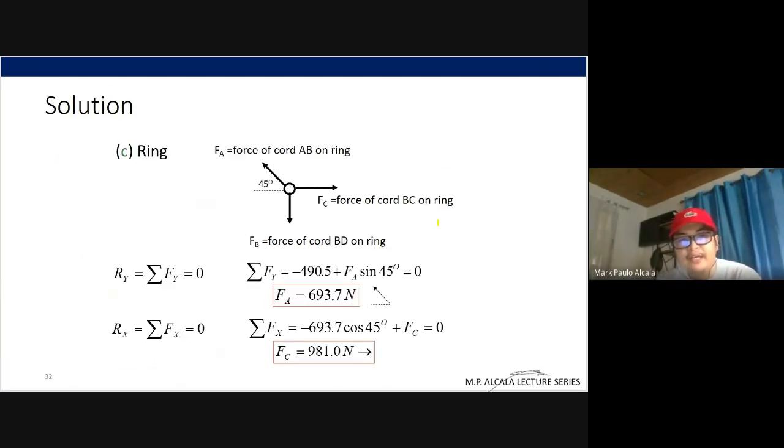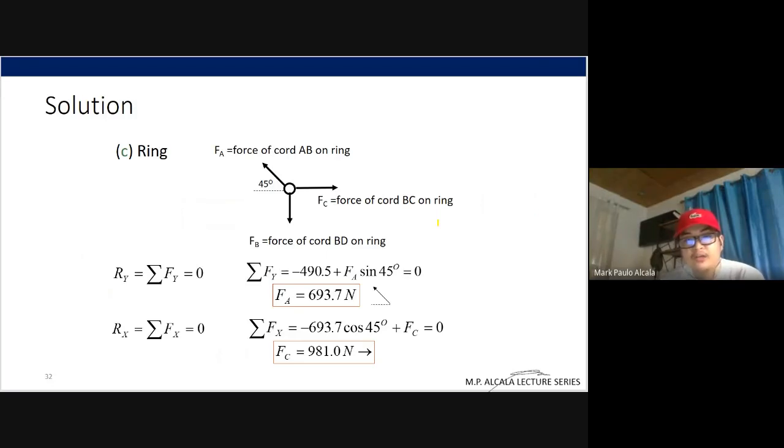Now for the ring B, we will get the force of cord AB on the ring, and then the force C to the right, and then the tensile force of BD equivalent to the weight of the crate.